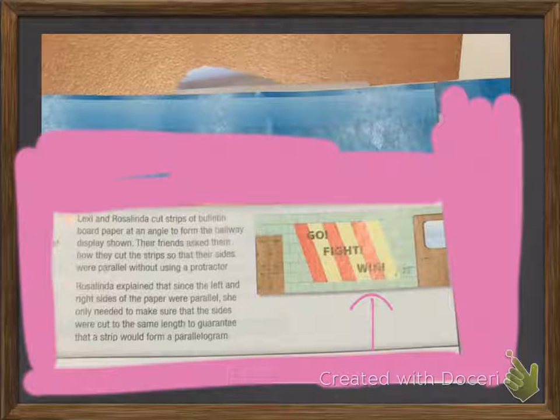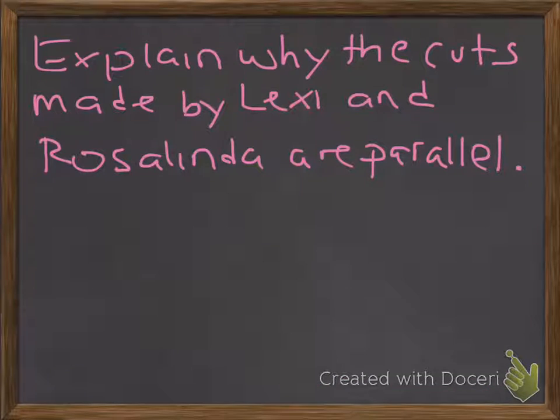So Rosalinda explained that since the left and right sides of the paper were parallel, she only needed to make sure that the sides were cut to the same length to guarantee that a strip would form a parallelogram. So we're supposed to explain why the cuts made by Lexi and Rosalinda are parallel.